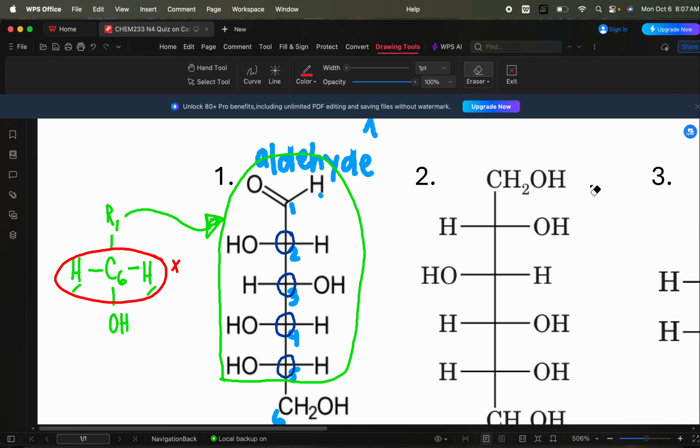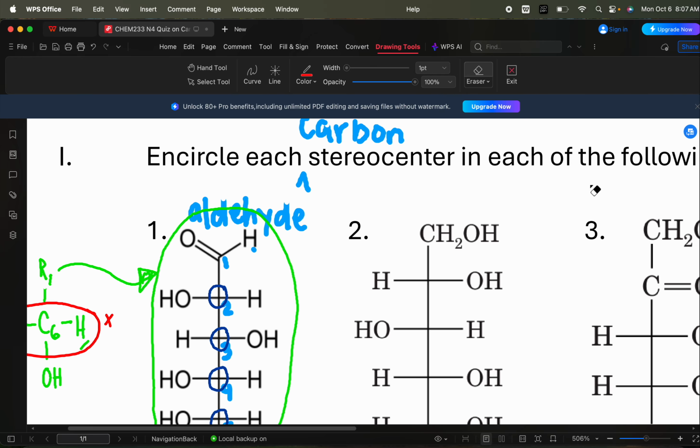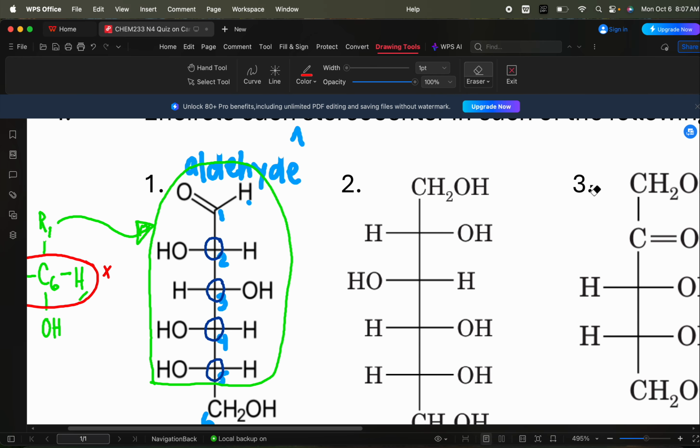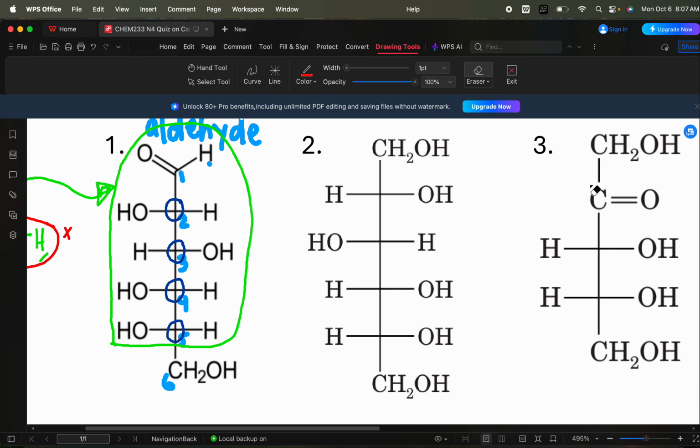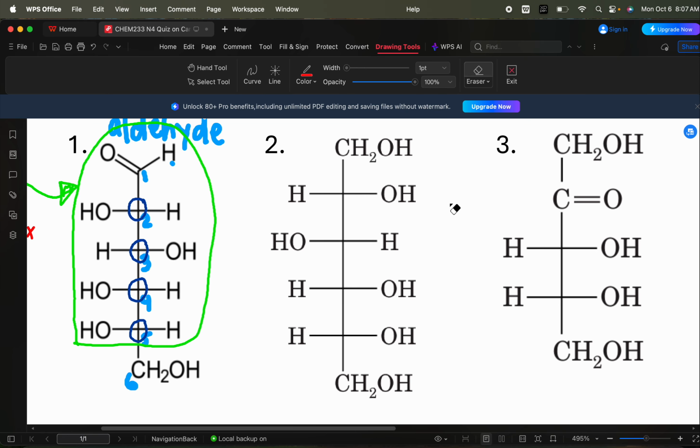Let's go to number 2. So we can see, let's count the number of carbons. This is 1, this is 2, 3, 4.